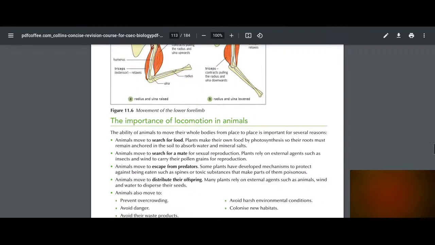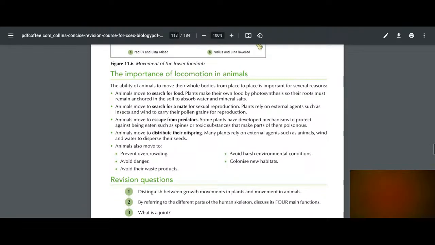Alright, the importance of locomotion in animals, and I urge you guys to know it.